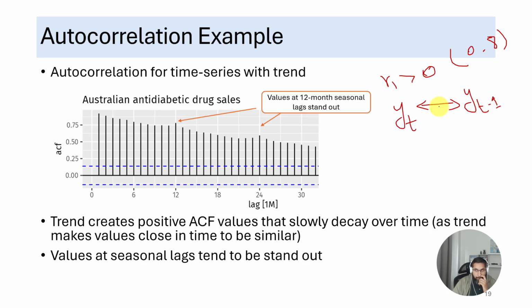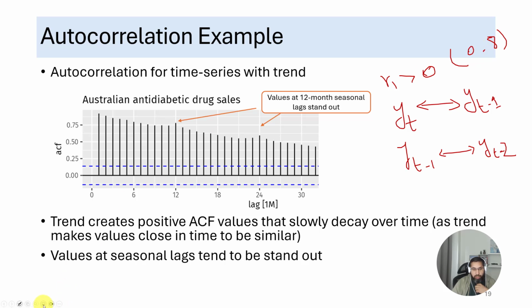That's a lag of 1. But there's nothing about R1 that fixes the relationship to YT and YT minus 1. R1 is the relationship between any Y values which are 1 apart. So R1 being positive, 0.8, also means that YT minus 1 and YT minus 2 are correlated with 0.8.